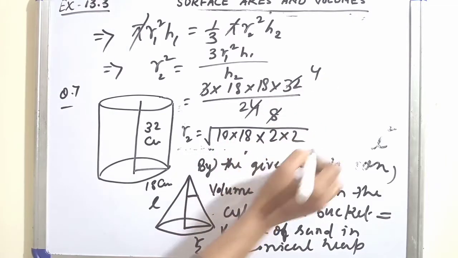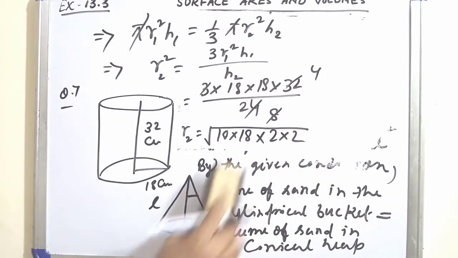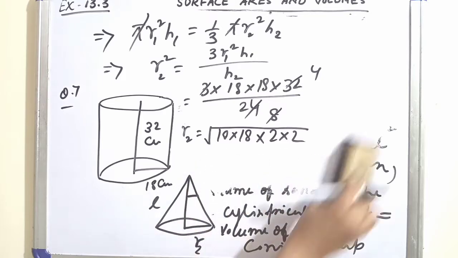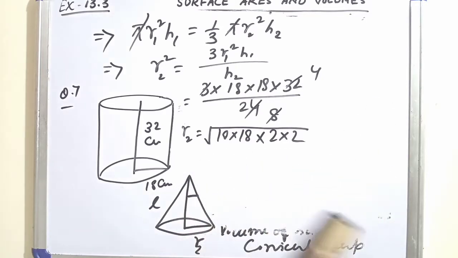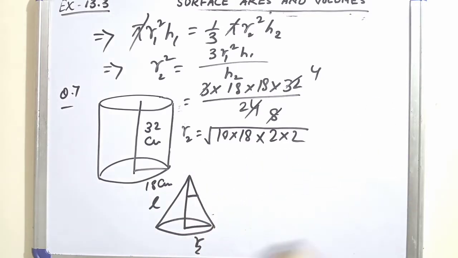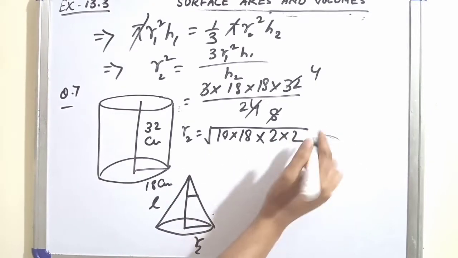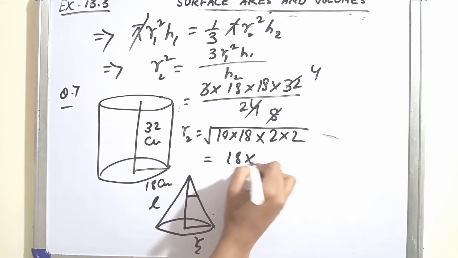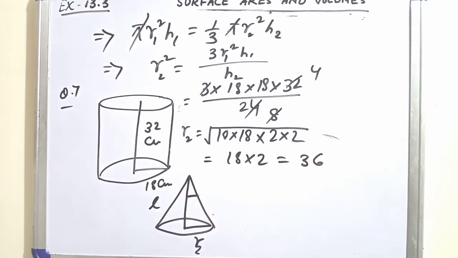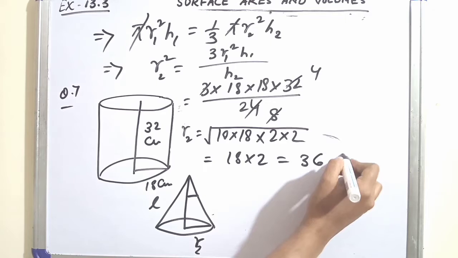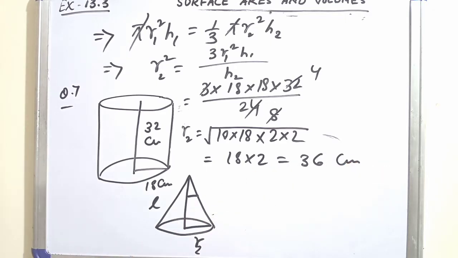That means 18 into 2, that means 36 centimeter. So that's the radius of this conical heap.